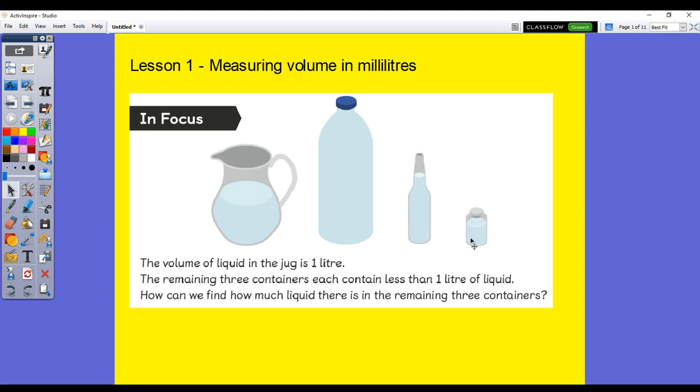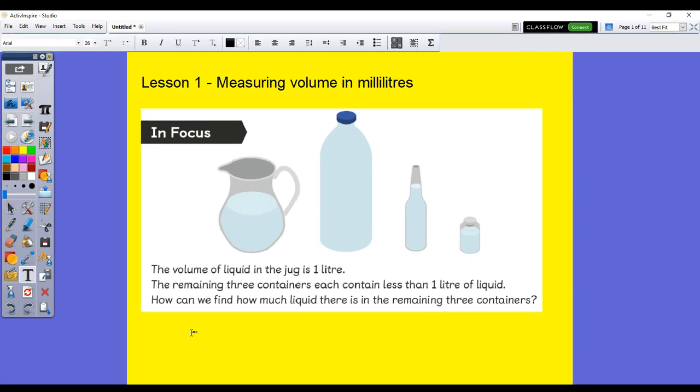How can we find out how much liquid there is in the remaining 3 containers? So before we move on, I need to tell you how much 1 litre is. Okay, it's linked with 1 kilometre. It's linked with 1 kilogram.